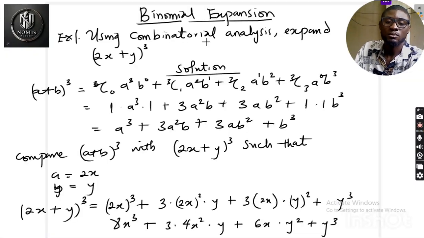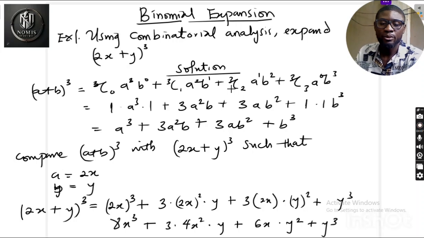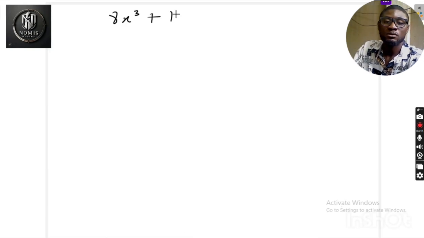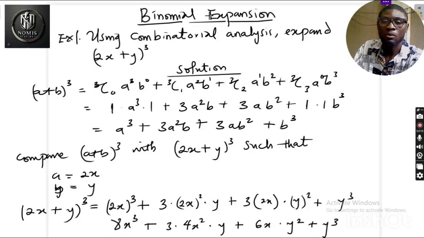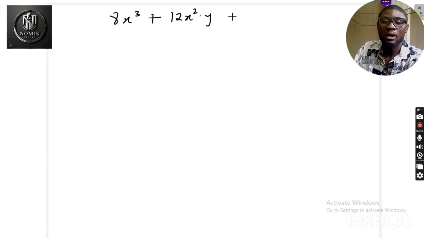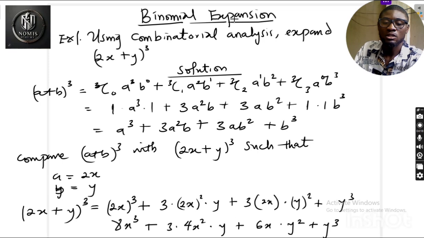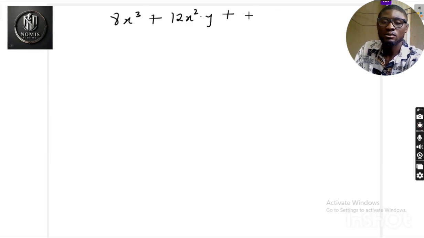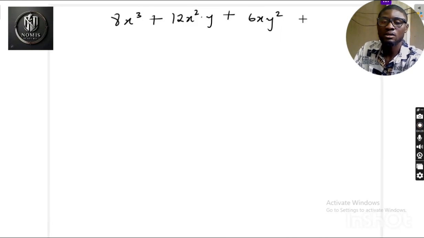plus 3 multiplied by 4x squared. So 3 times 4 gives us 12, so that's 12x squared multiplied by y, plus 6x multiplied by y squared, plus y cubed.